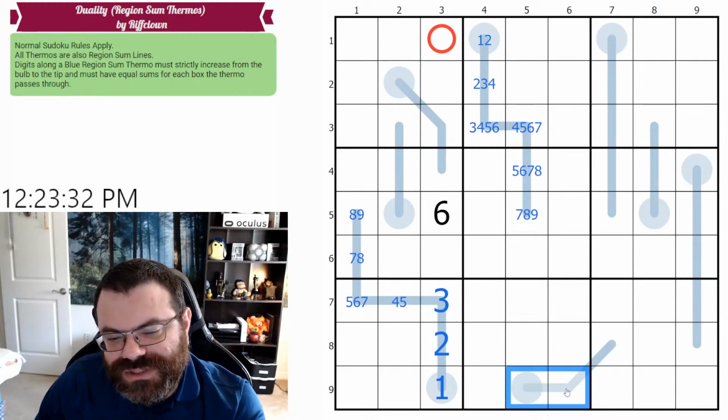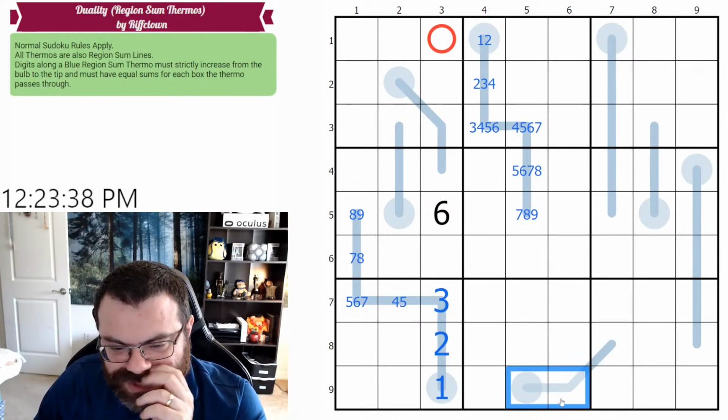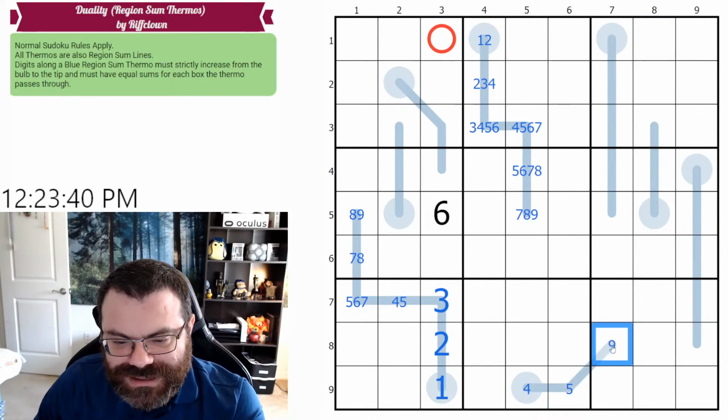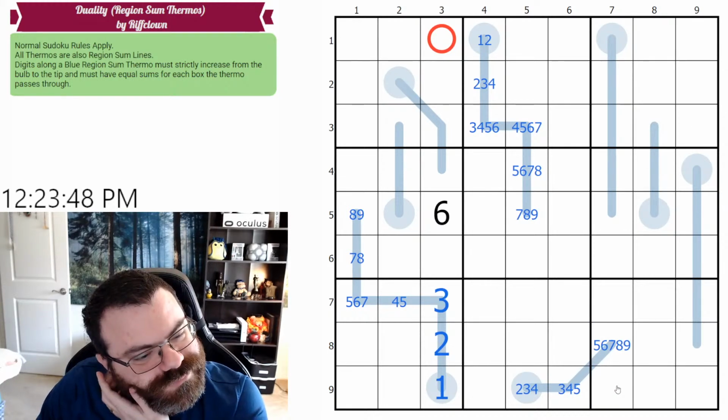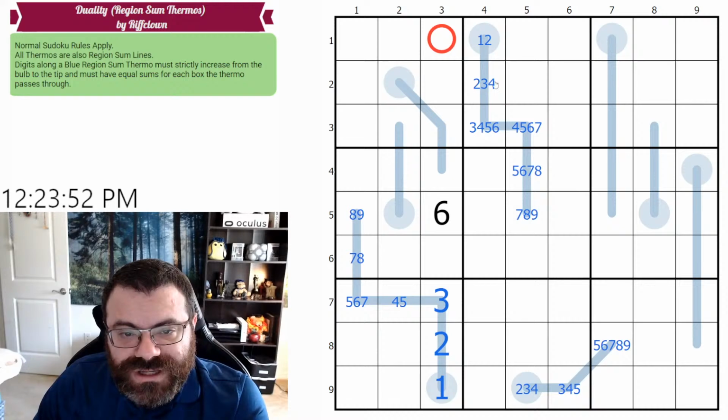This is interesting to me because these two add to this one, and this can't have a 1 on it anymore. So the max we could do is 4, 5 on here, adding to 9. So the minimum here is 5. Oh, true.